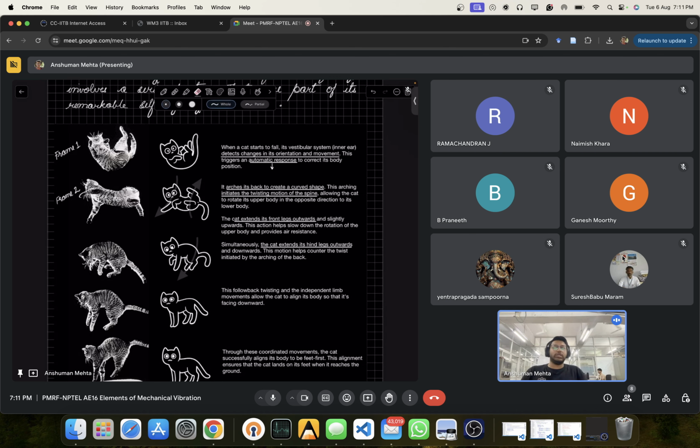What these two motions do is help in the twisting motion. First it will create a jerk with the upper body, and then the reaction jerk will come from the lower body. That motion helps to counter the twist initiated by the arcing back.